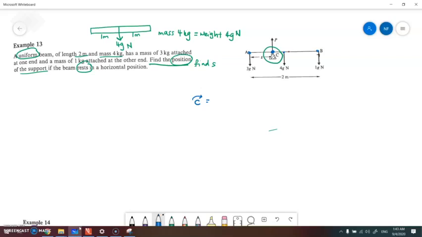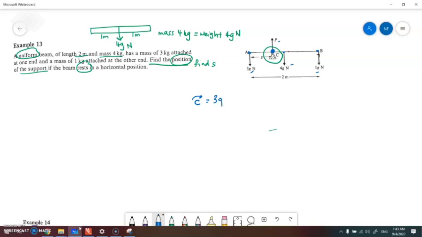How many forces do you have? We have 3G, we have P, 4G, and 1G. But because you use the moment about point C, you cannot use P because its distance is already 0. So you just use the other 3 forces.